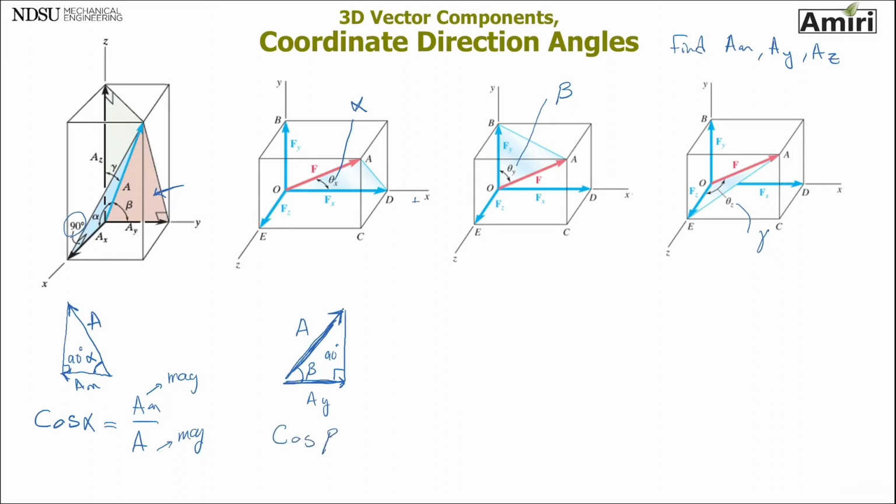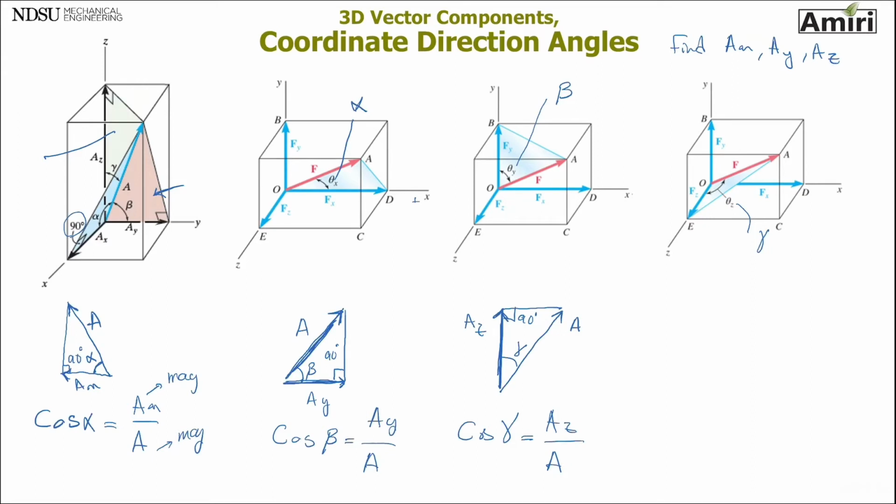Cosine beta is Ay over A. And last, let's look at this light green shaded triangle. I'm going to draw it flat as well. This is the 90 degree angle, this is my A, and right here is Az. The angle that it makes is gamma. Cosine gamma is Az over A.